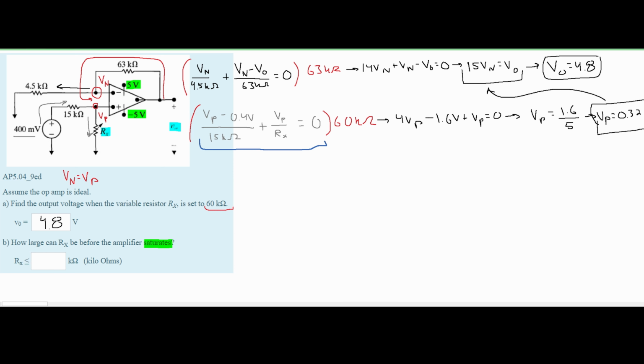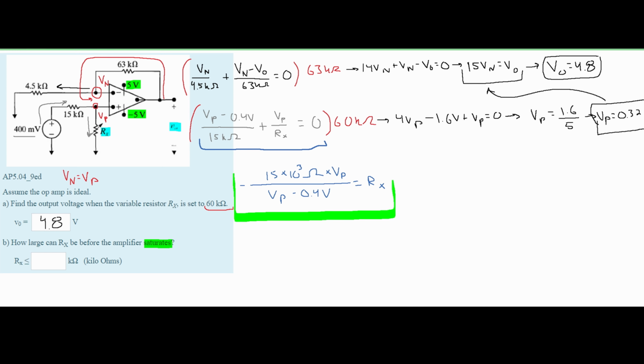We're going to look at the formula that I underlined in blue, and we're going to make an equation for our Rx. And this will be our equation that we are going to use. We know that we need to find our Vp, and our Vp is equal to Vn. So we are just going to look at this formula right here. Looking at this formula, I'm actually going to do it in green. We have our Vn is equal to our V0 over 15.